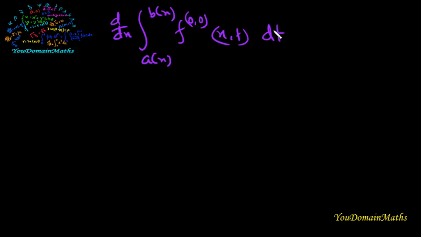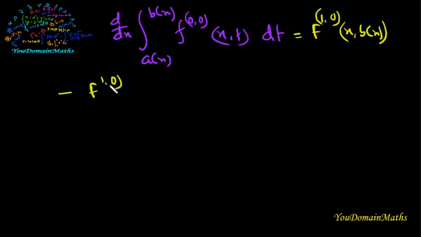So d/dx of the integral from a of x to b of x of f of 0,0, x comma t dt, equal to f of (1,0), x comma b of x, plus or minus f of m. The last terms will be rearranged.